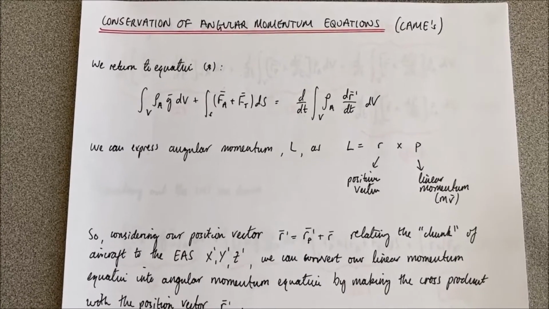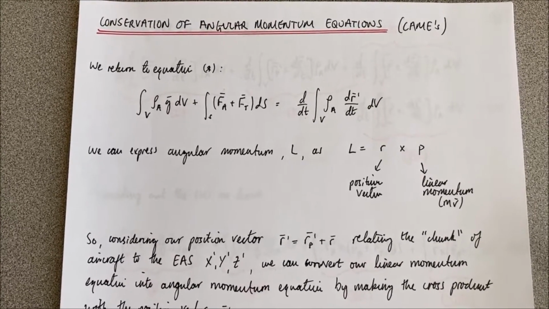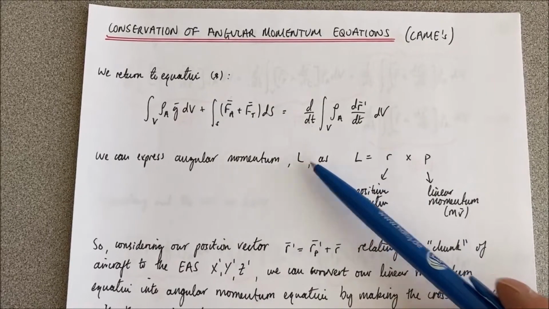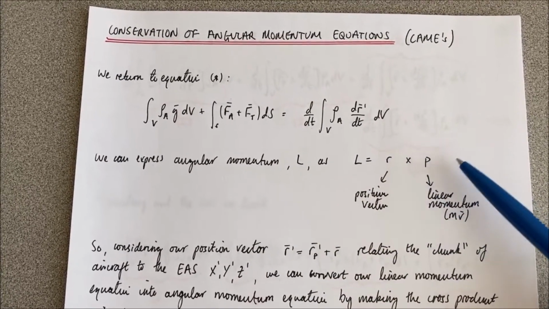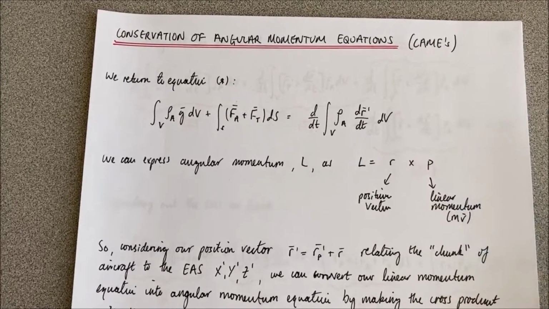And we recall how we express angular momentum, which we define as L, as a position vector crossed with the linear momentum, which is mass times the velocity vector.